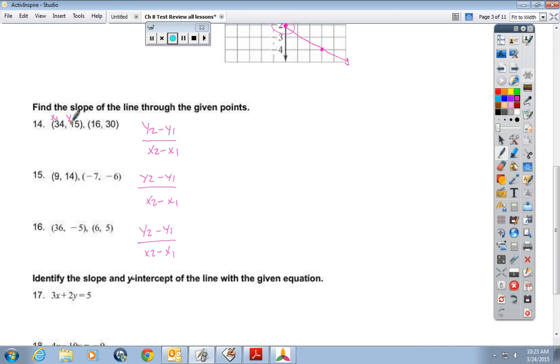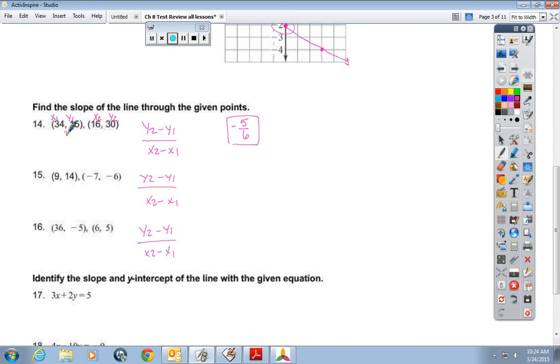So for number 14, you would have gotten -5 over 6, because you would have had 30 minus 15 over 16 minus 34, and it reduces down to -15 over 18, right, which reduces down to -5 over 6.